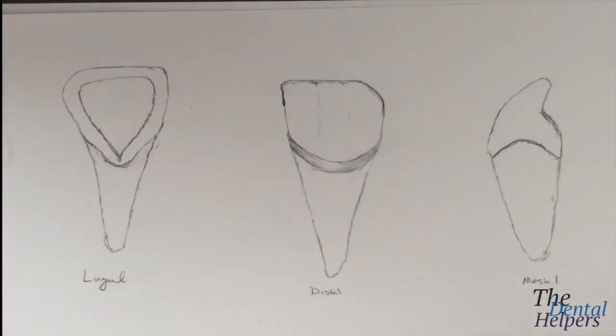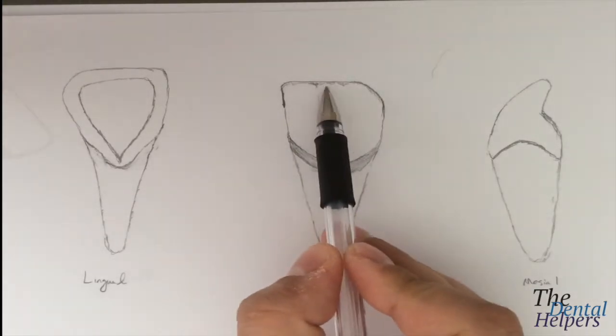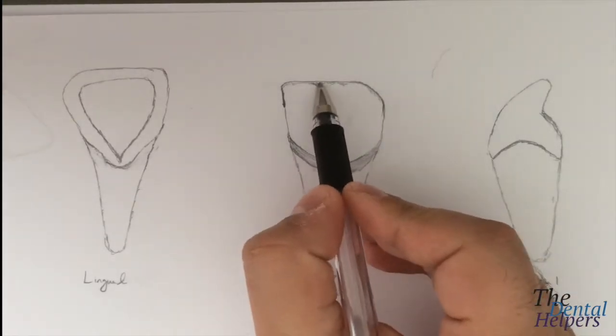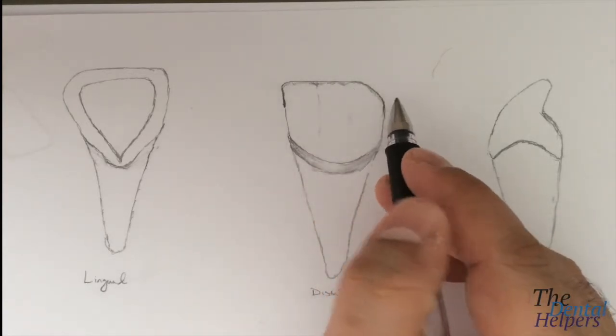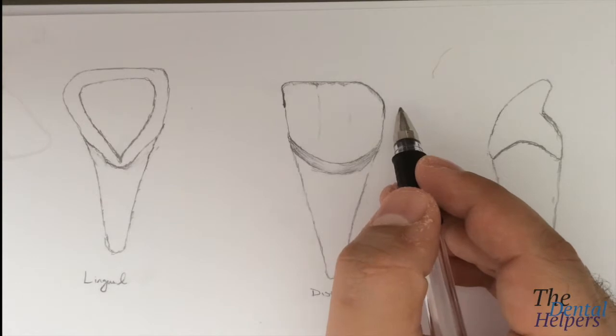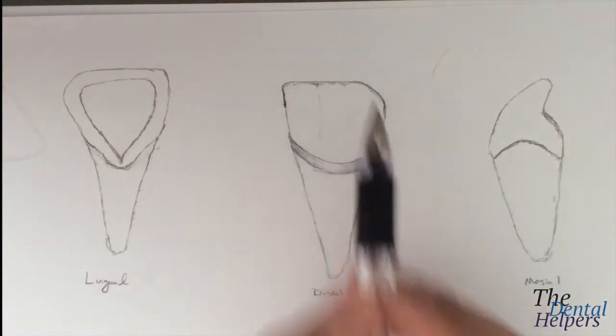So before we get into the different morphological features of incisors, let's first look in general terms at the features of incisors. What you probably see right here are these lines, and what they're supposed to represent is mamelons. Mamelons are a feature where, when the tooth erupts, you're going to see these three lobes.